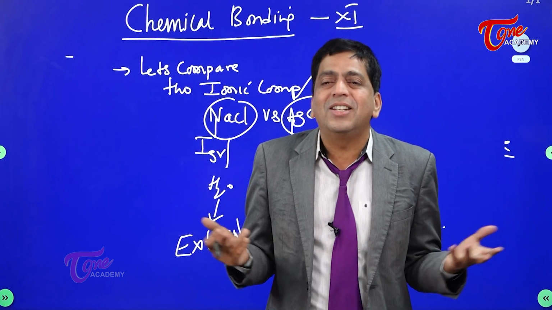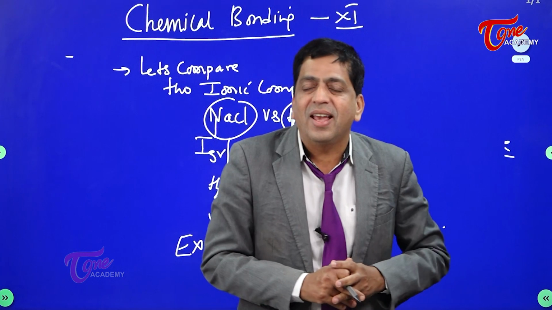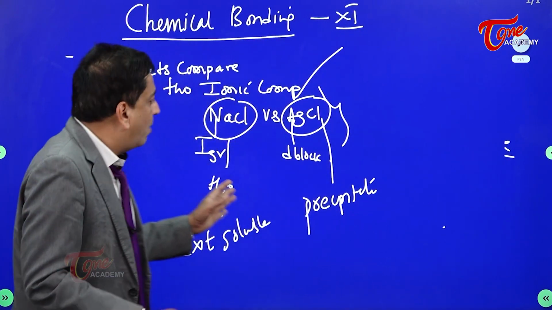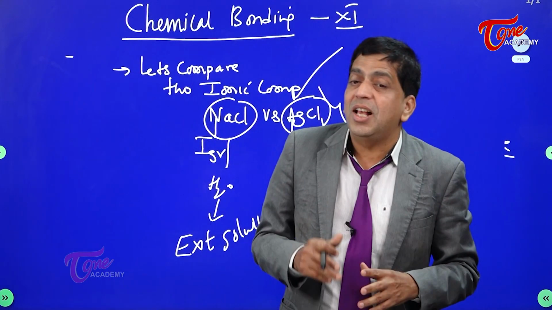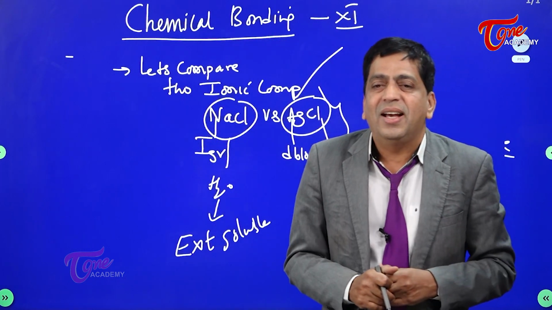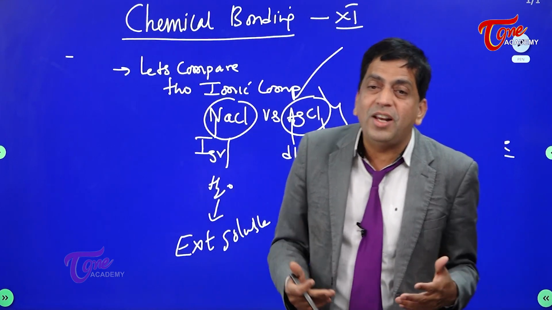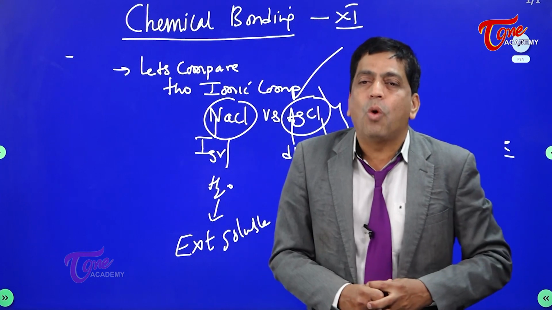So even though both are ionic, still some percentage of covalent character has crept into the ionic bond. Covalent character in ionic compounds is a very common thing that we see.